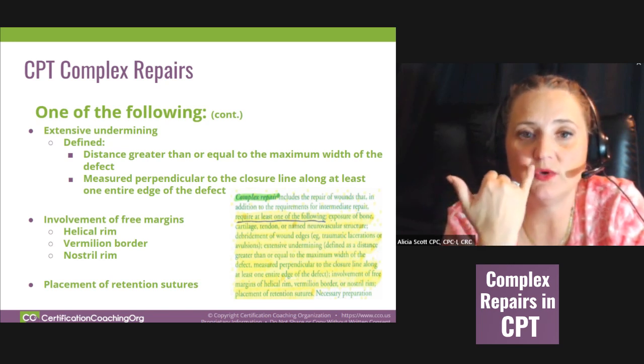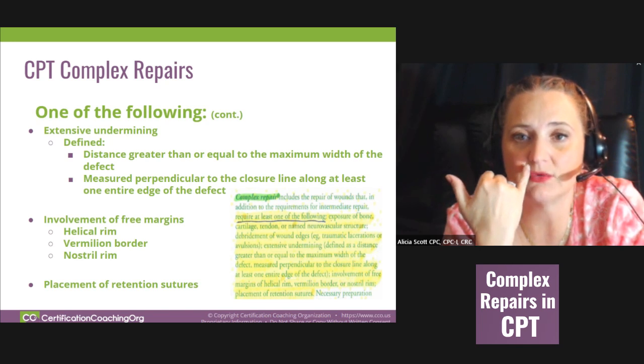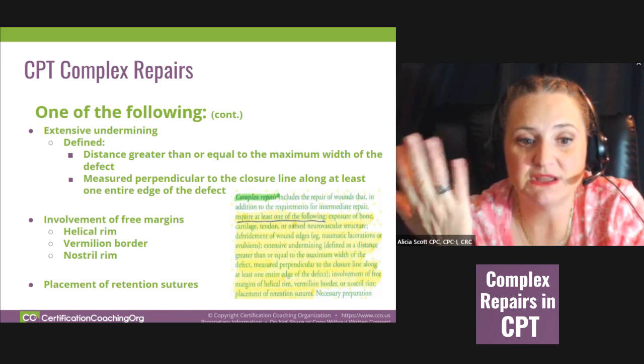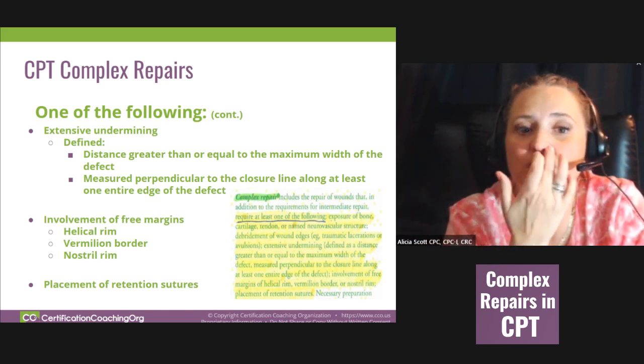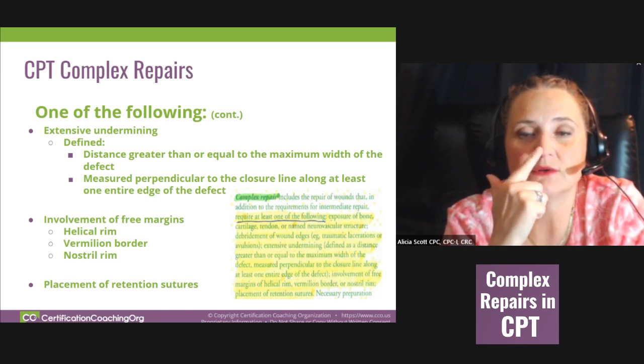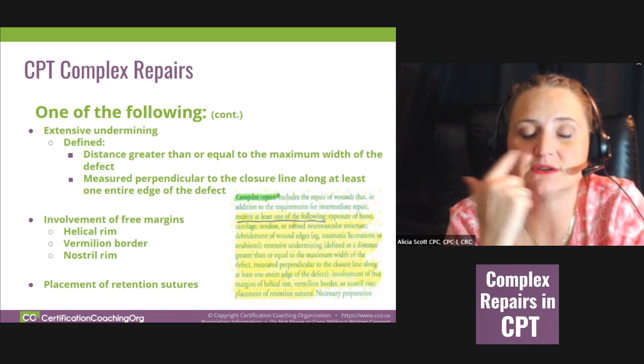So if you have a repair that needs to be done here, that means the vermilion border will be involved. Also, the nostril rim. Your nostrils are called nares, if you didn't know.